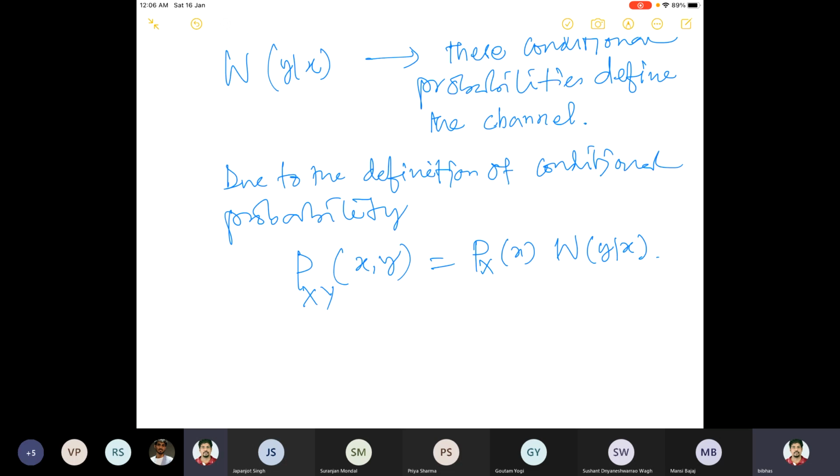But since it is related to a channel, we give it a different notation.